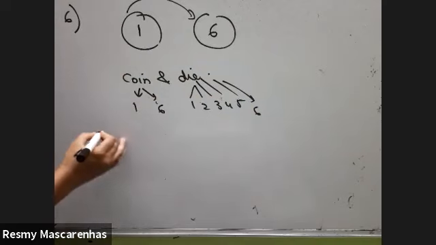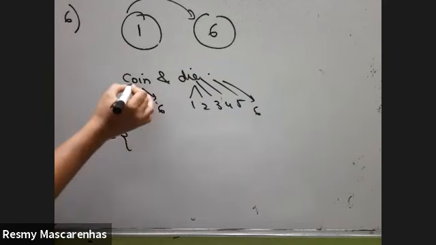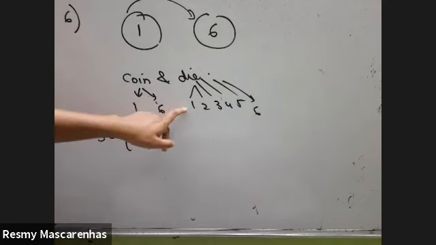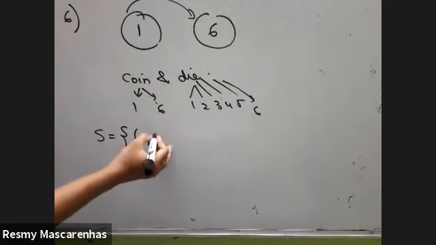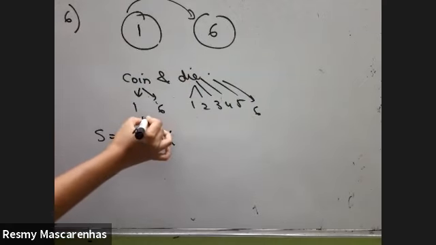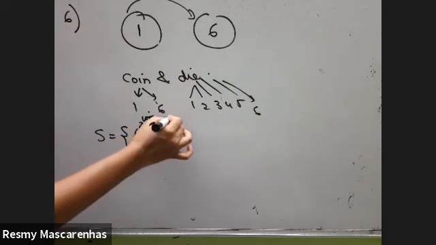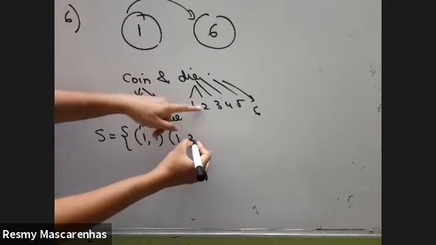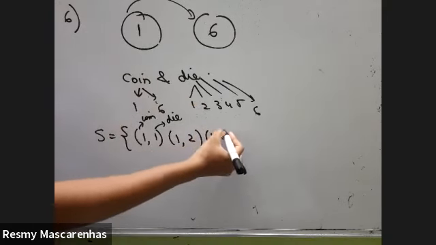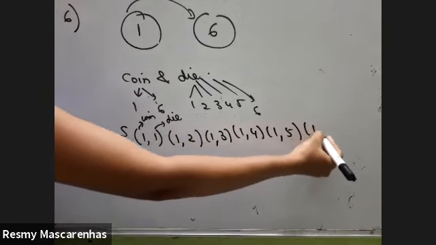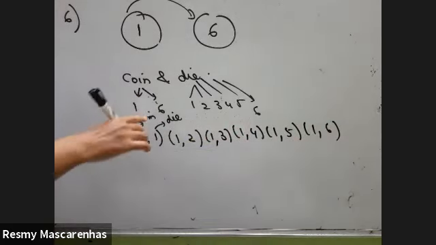So we'll write the sample space. We'll start with 1 first. If 1 is on the coin, what possibilities can be there on the die? This is for the coin, and this is for the die. Same way, 1,2 can come, 1,3, 1,4, 1,5, 1,6.